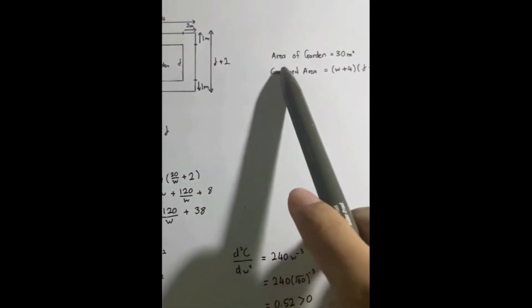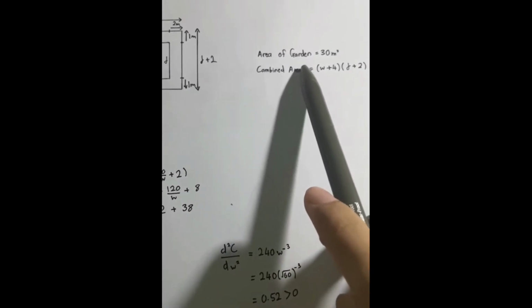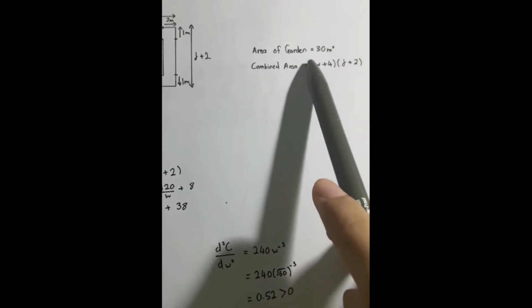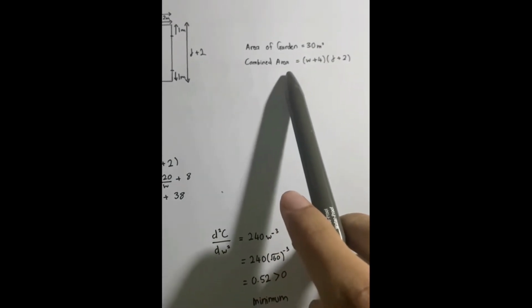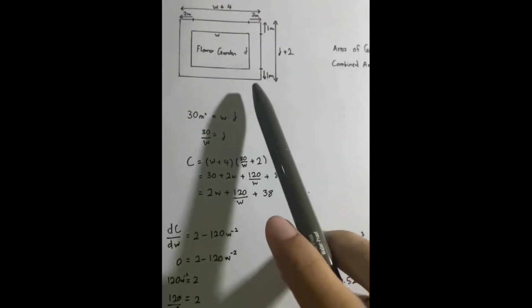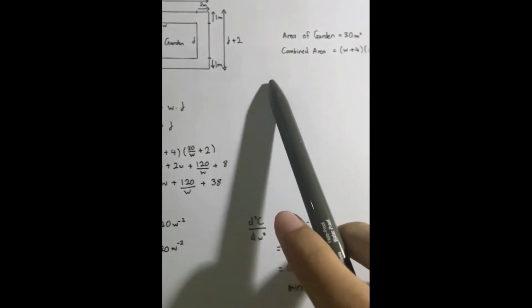So this is one of the pieces of information that the question gives, the area of the garden equals 30 meter square. And this is the combined area formula, the combined area of the flower garden with the borders. This is the formula that we are going to use to solve this question.